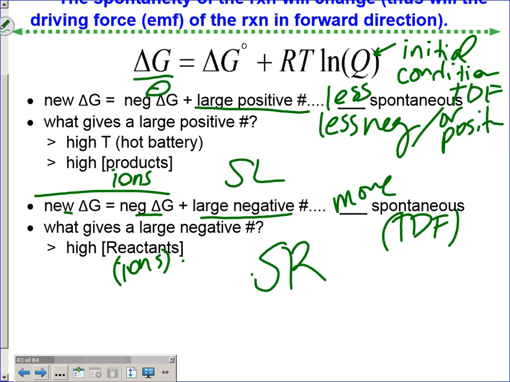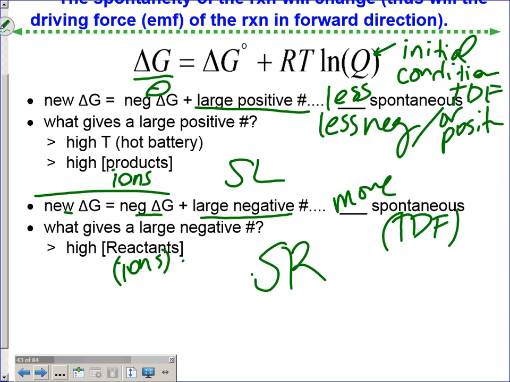You're not helping the voltage. If you're limiting the production of products because you're trying to shift it left, or because you have too many and you're at disequilibrium, it's going to affect your voltage by lowering or hindering it.